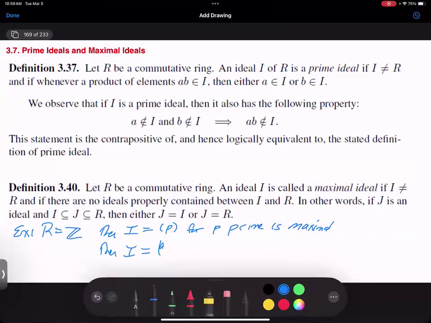So if I take any mn with m and n greater than or equal to 2, the ideal is not maximal. And what we would have is the ideal (mn) is contained in the ideal (m), it's contained in the ideal (n), and both of those are contained in all of Z, and these are not equal.